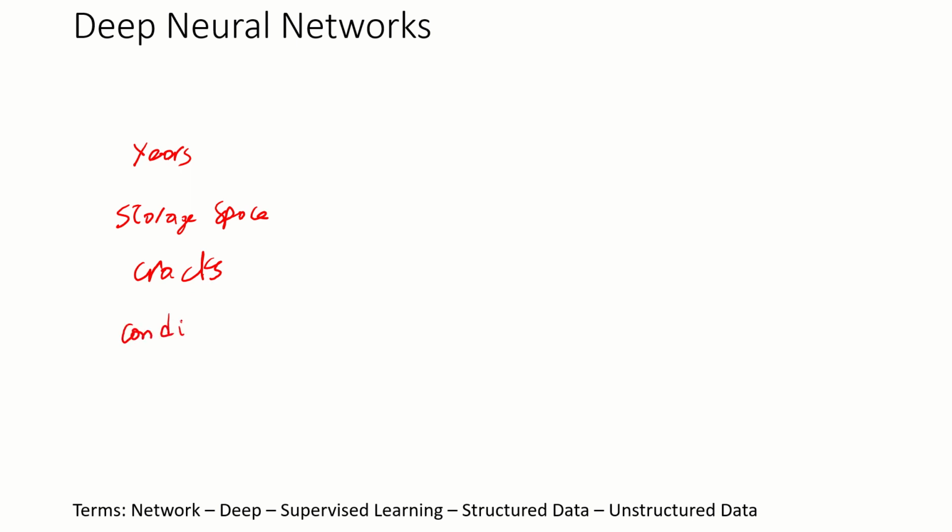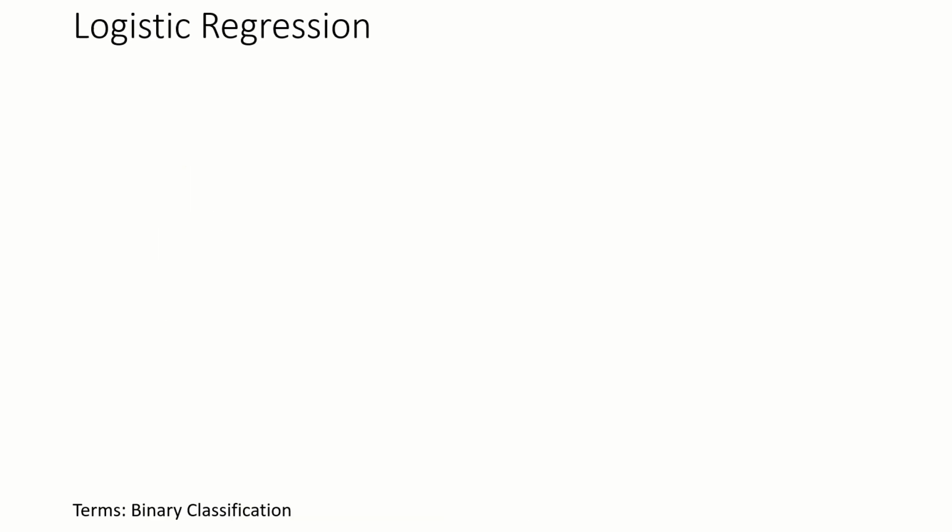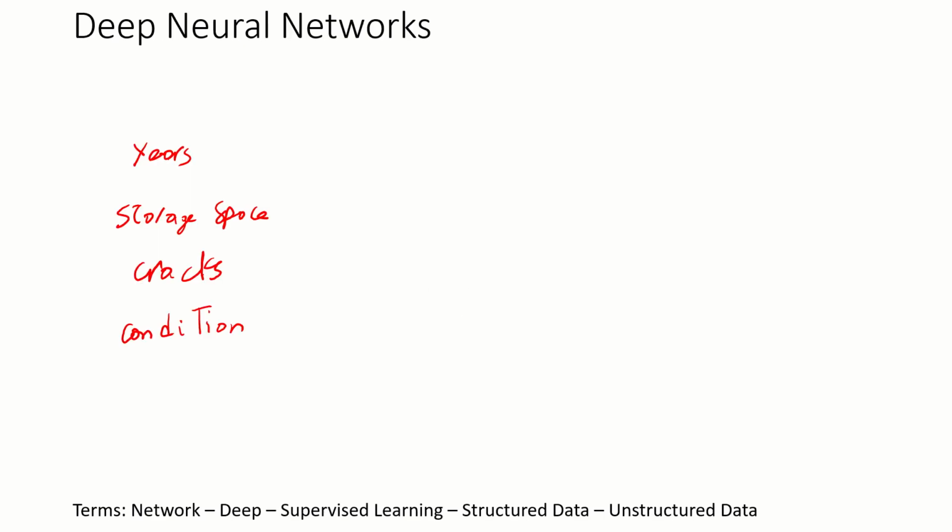Is there a lot of wear on the phone, or is it as good as new, although it's 3 years old? All of these can be calculated as inputs. So we'll give them x1, x2, x3, and x4. And all of these can go into a neuron, and you get a value out.